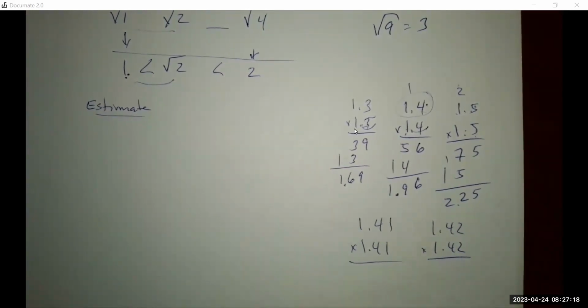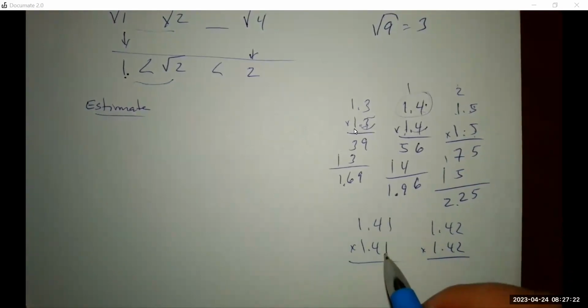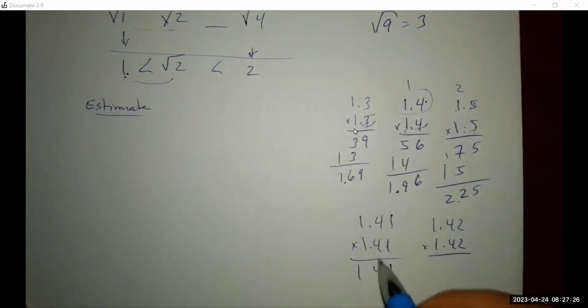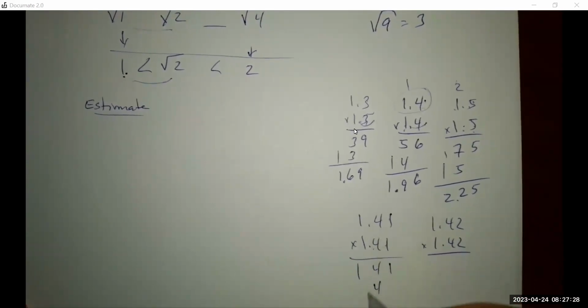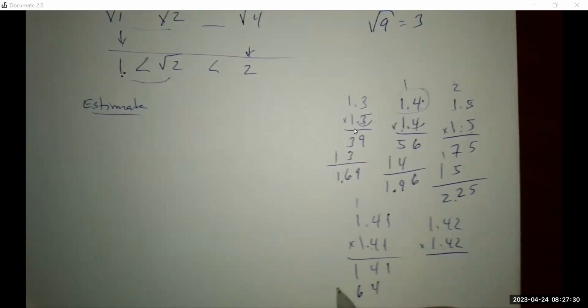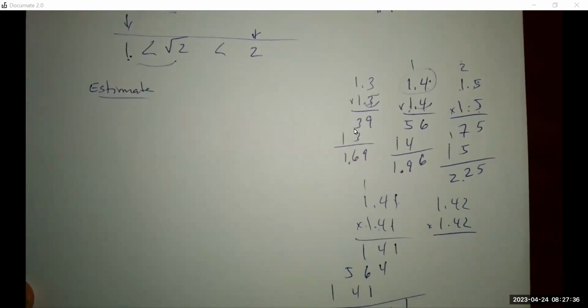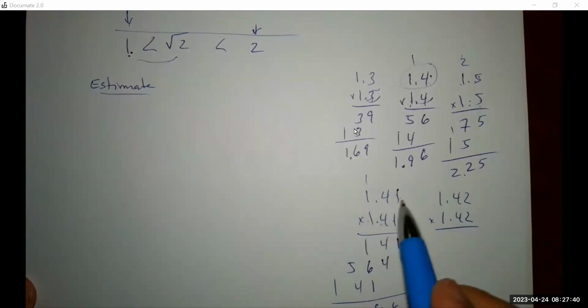And we keep on getting closer and closer. All right, so 1 times 1 is 1, 4, 1, 4, 16, 5, 1, 4, 1. 1, 8, 8, 9, 1. 1, 2, 3, 4.